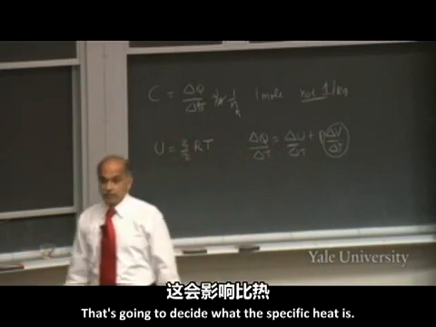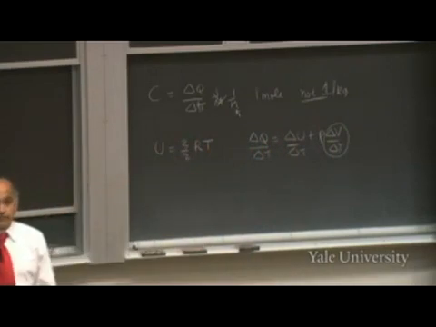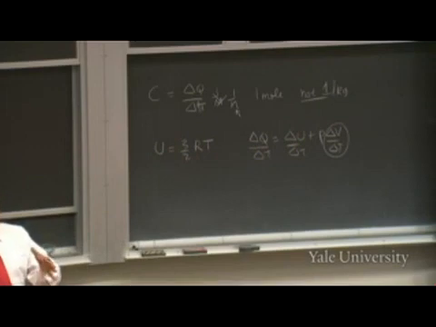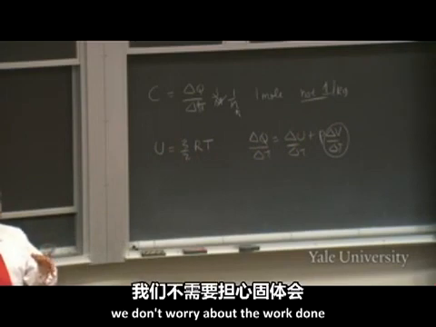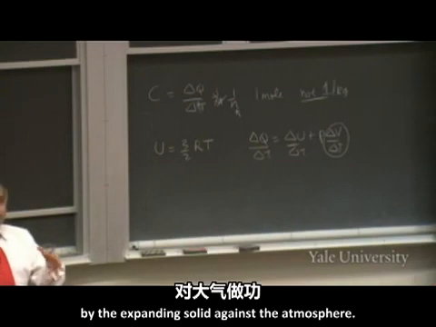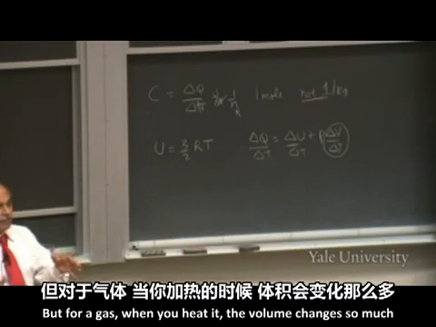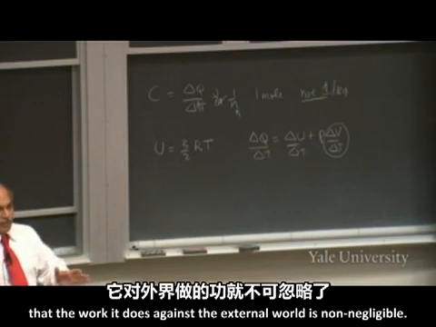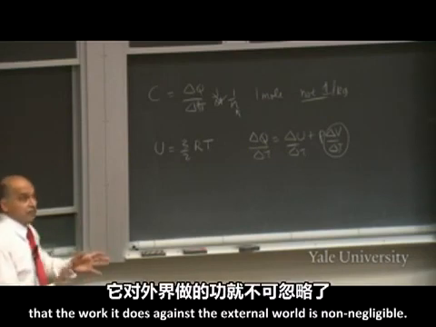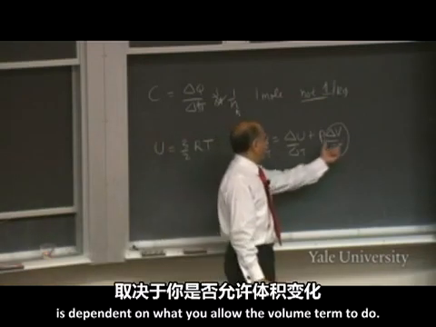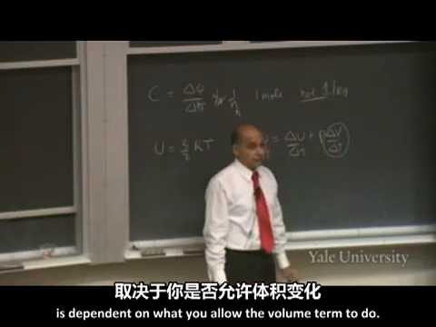That's going to decide what the specific heat is. In other words, when a solid is heated, it expands such a tiny amount, we don't worry about the work done by the expanding solid against the atmosphere. But for a gas, when you heat it, the volume changes so much that the work it does against the external world is non-negligible. Therefore, the specific heat is dependent on what you allow the volume term to do.